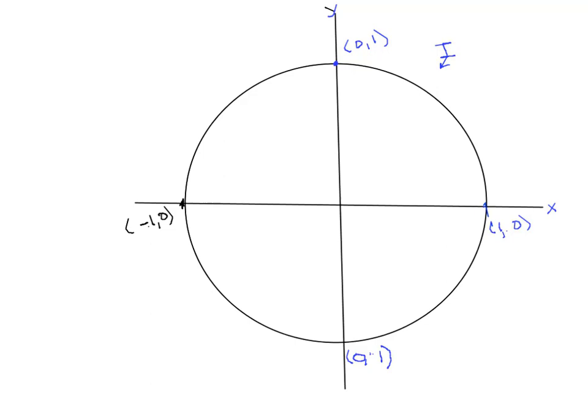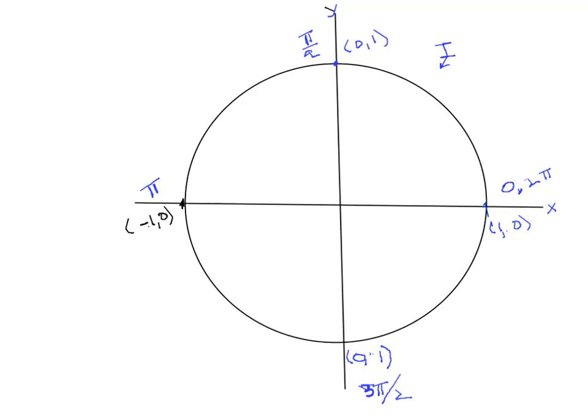All right. So remember last week we talked about this point here being 0 and also 2 pi, right? And this point here is pi. Up here we have pi over 2. And here we have 3 pi over 2.